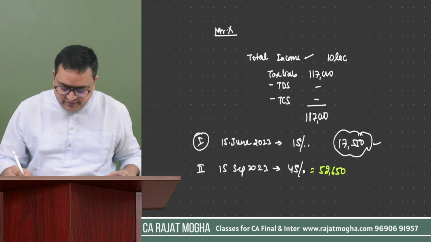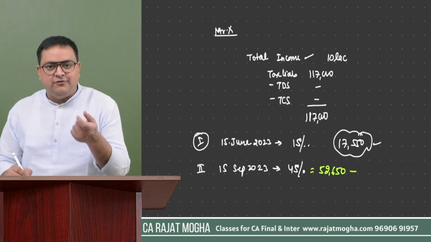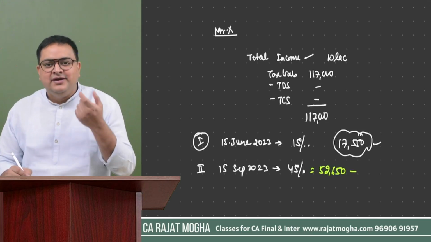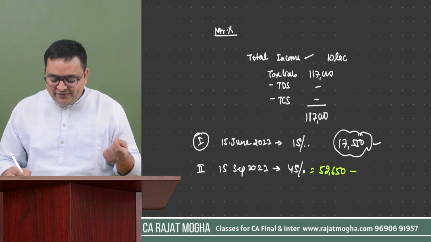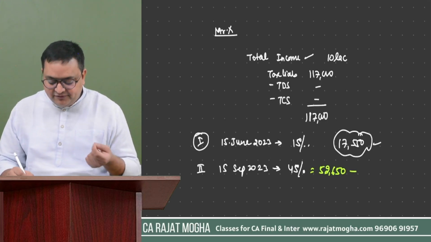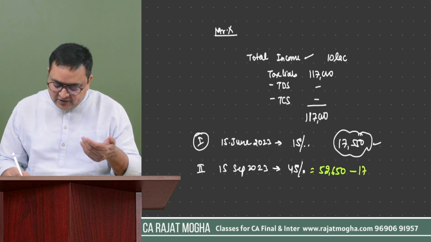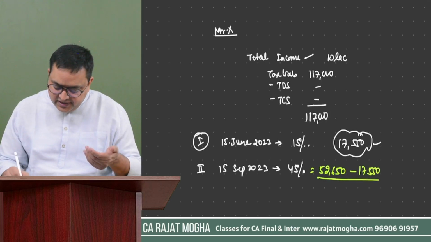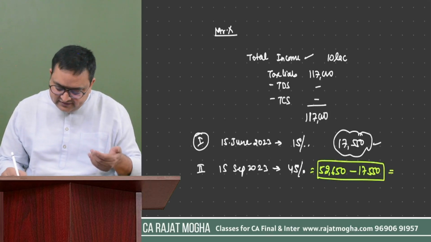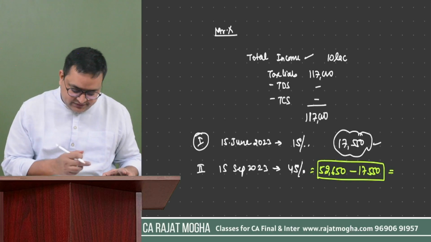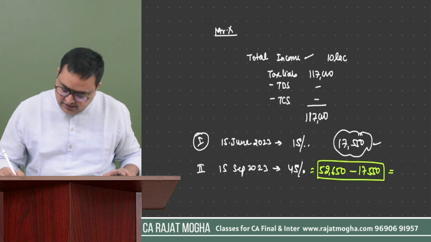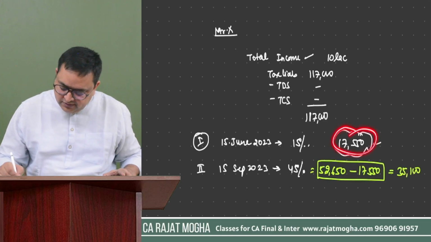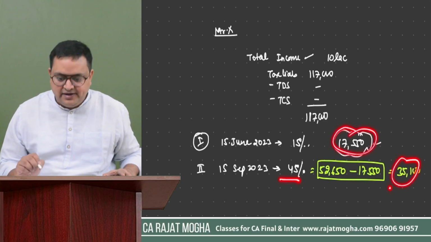Sorry, this is total 45%, so he has to deposit a total of 52,650, but 17,550 he has already deposited in the earlier installment. So he has deposited the remaining amount, 35,100. If you aggregate these two, this will come to 45%, right?